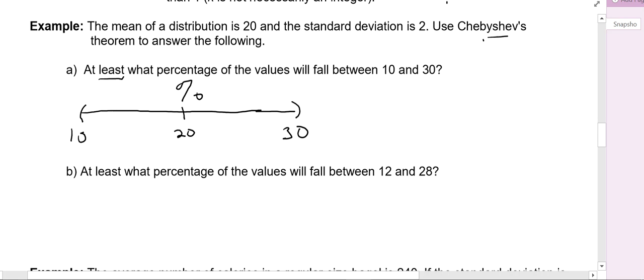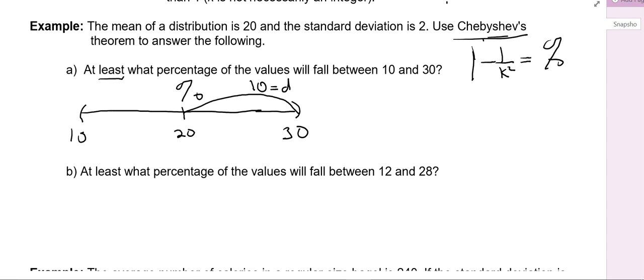It is centered in this interval. The distance from 20 to 30 is 10. If I want to use Chebyshev's theorem, I either need to know the percentage or I need to know the number of standard deviations. Not the standard deviation, but the number of standard deviations.